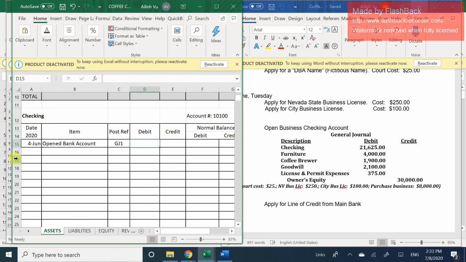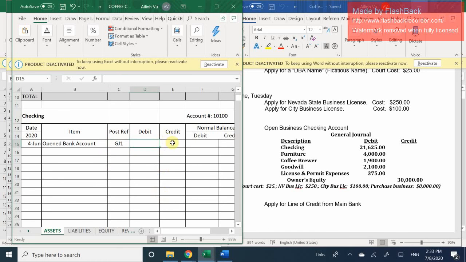My post reference is whatever page of the general journal you posted this transaction in. In this case, it was my very first page, so I'm going to indicate that it's general journal number 1.